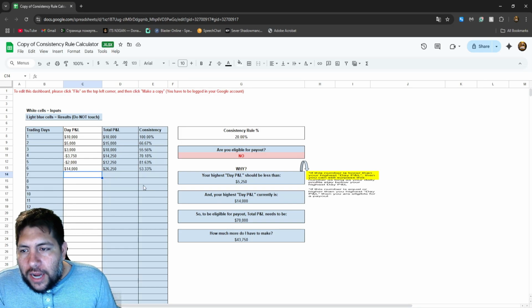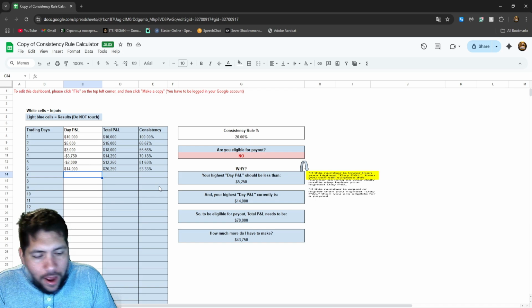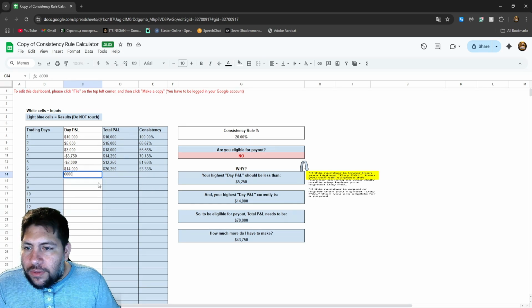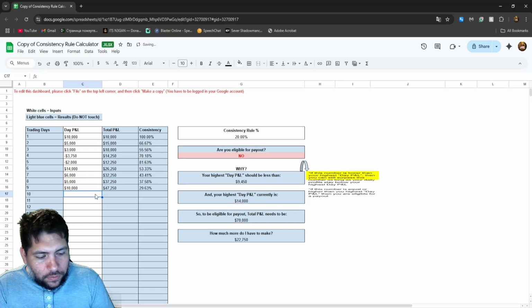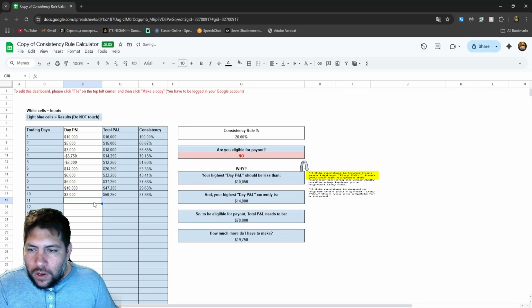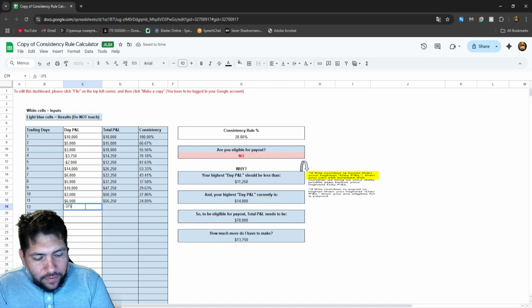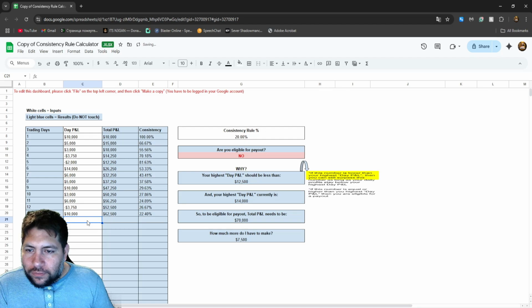So to get to this point, let's say I'm gonna have to make some significant gains. Let's just do, let's say 3,750. Or no, sorry, let's make a 6,000 win for that one, and then let's say I lost 3,750, and then I make 10,000 again.